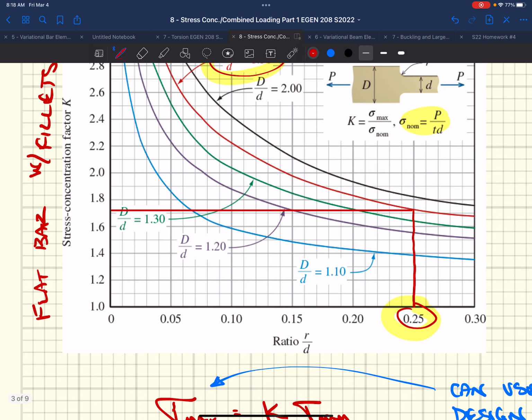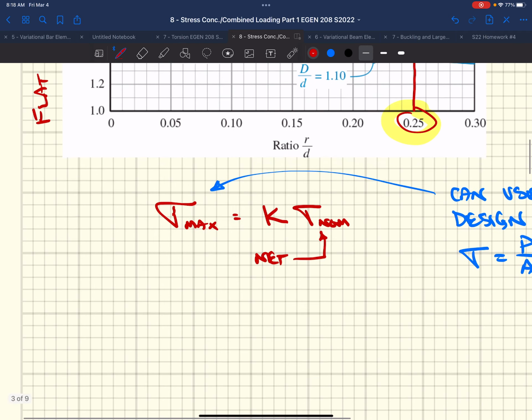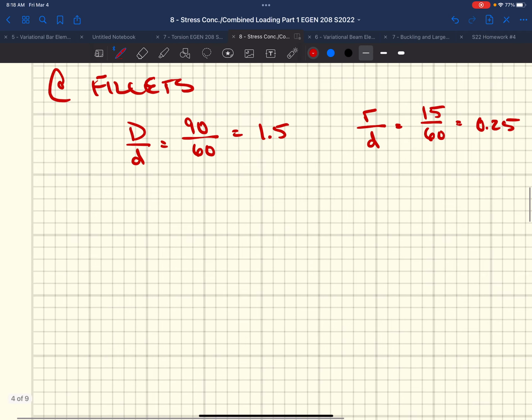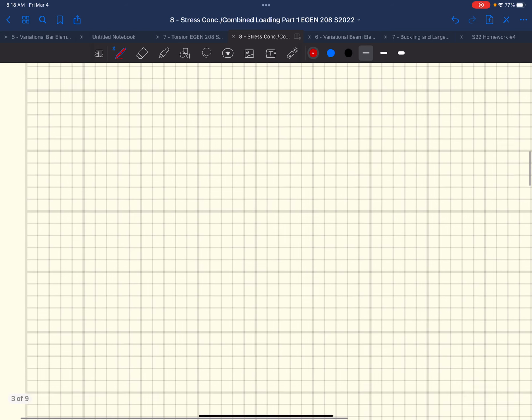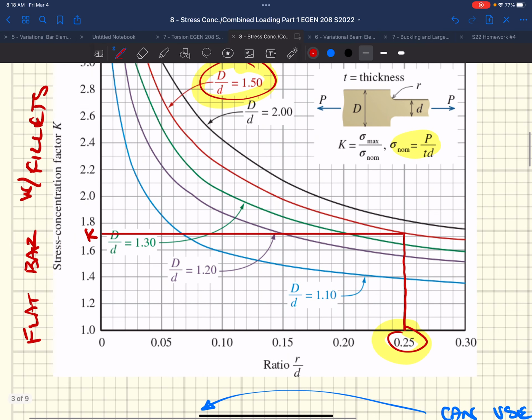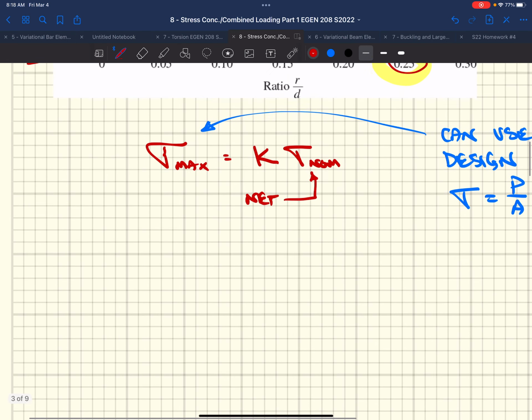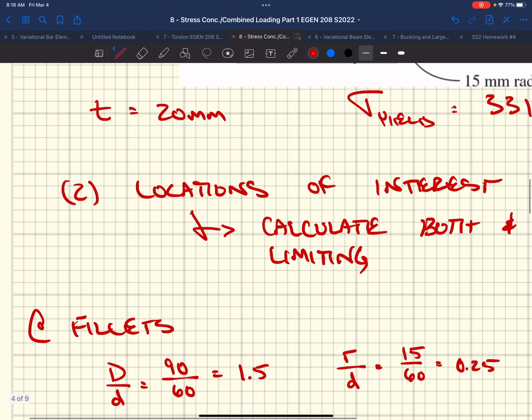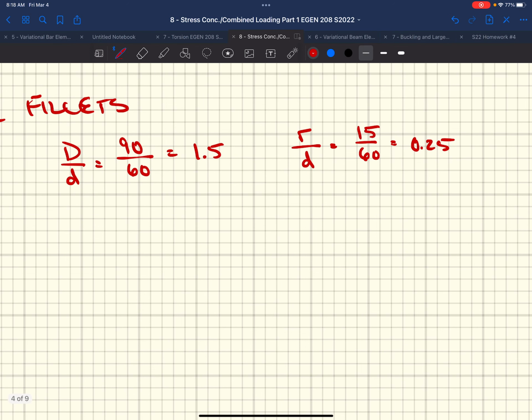So we got some sort of K factor, at 0.25 and 1.5. I'm going to say we're at about 1.73. Pretty close; if I said 1.7, close enough.